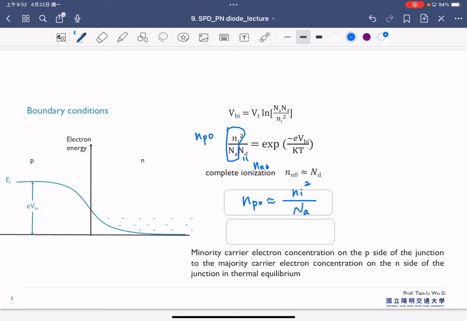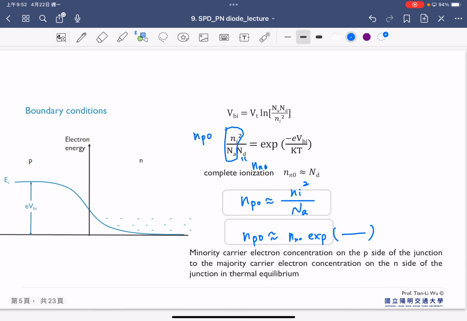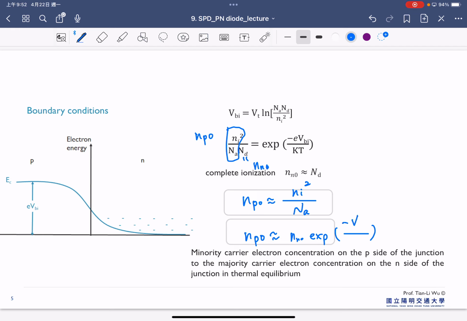This one equals this one, and therefore NP0 will be equal to NN0 exponential minus VBI over KT. That would be the rewrite of this one. This one will be equal to this. We can move NN0 here, so that leads to this term here.